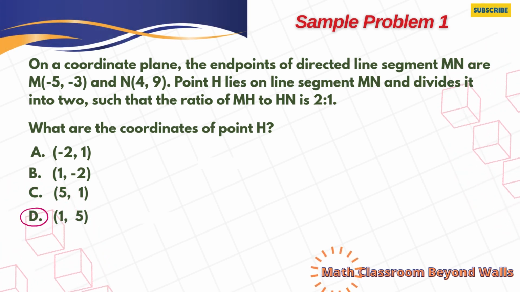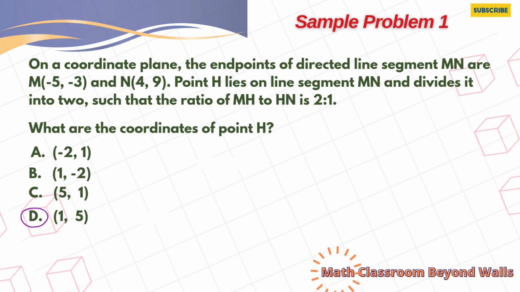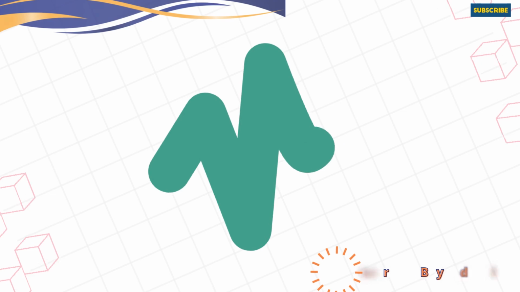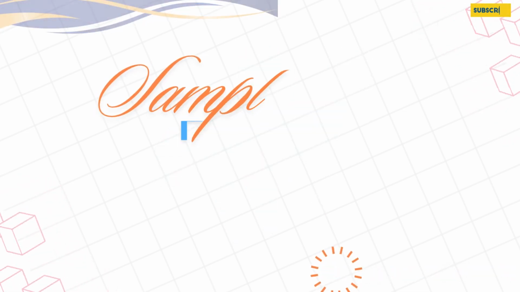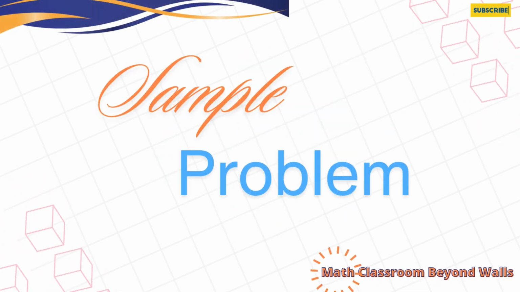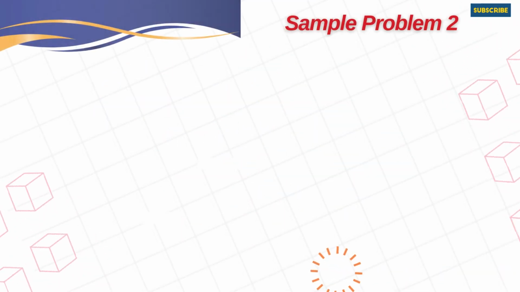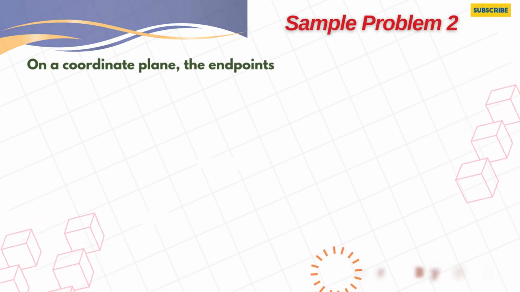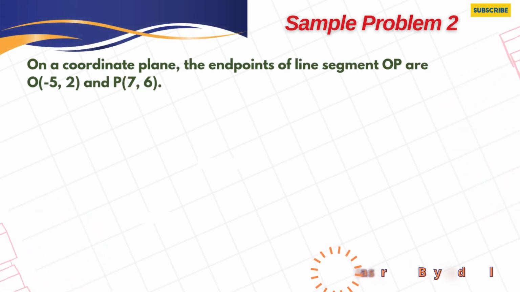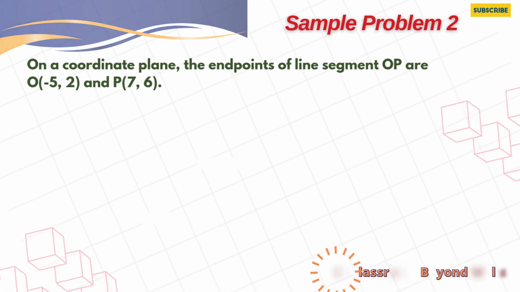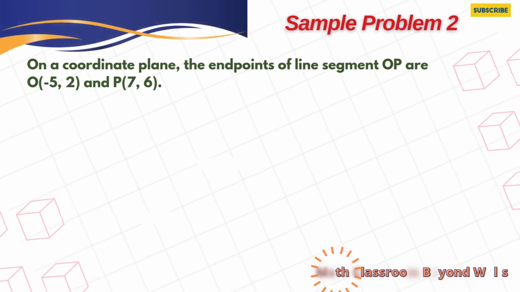Okay, so let us have one more problem so you will get the hang of it. Here is sample problem 2. On a coordinate plane, the endpoints of line segment OP are O(-5, 2) and P(7, 6).